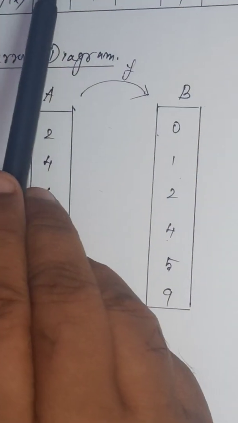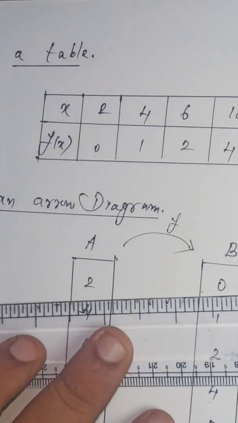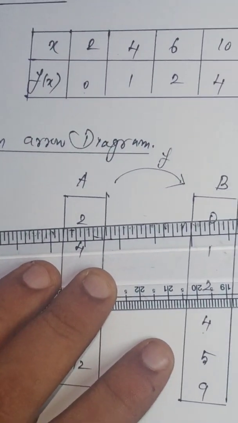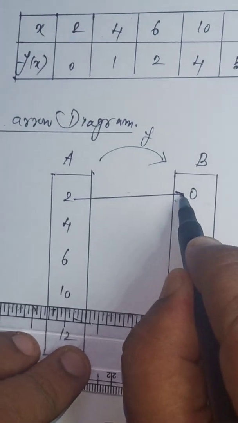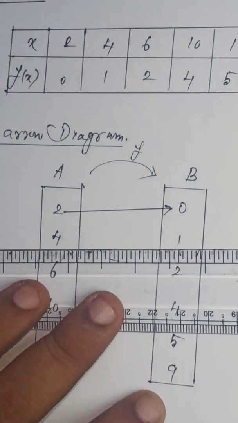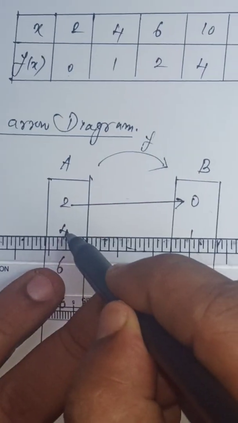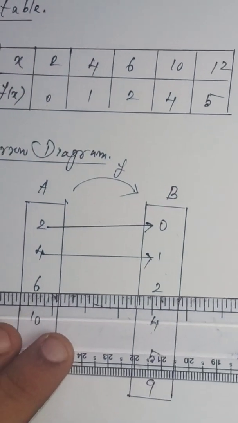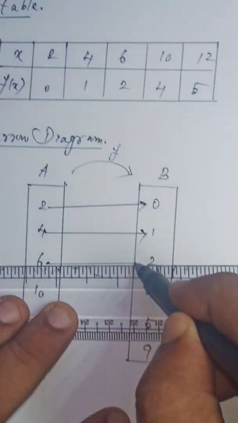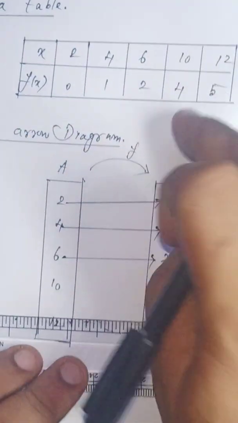Now, what is the image of 2? 0. So you have to map from 2 to 0. Image of 4 is 1. Image of 6 is 2.